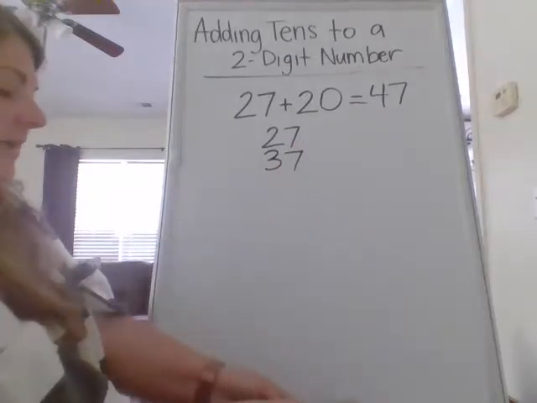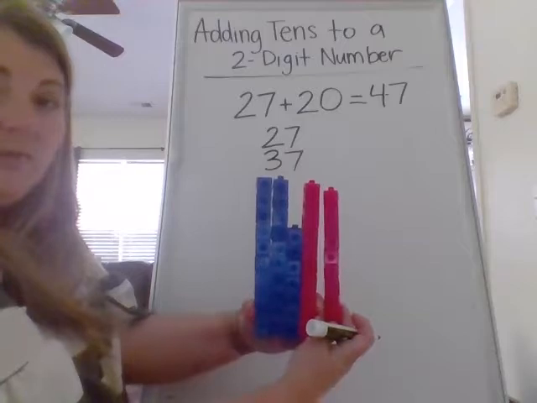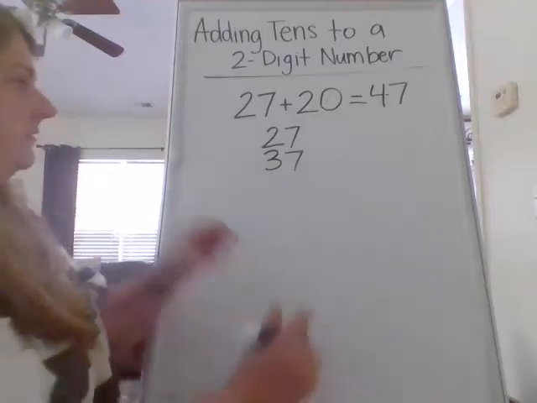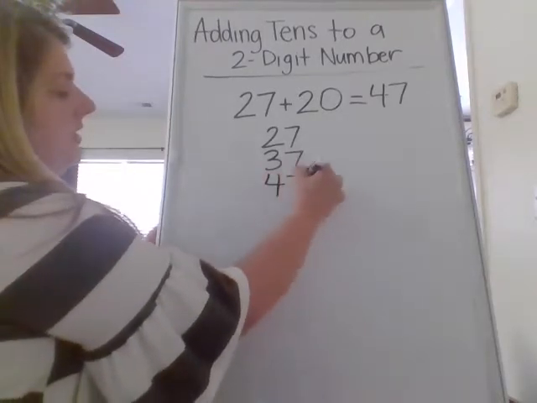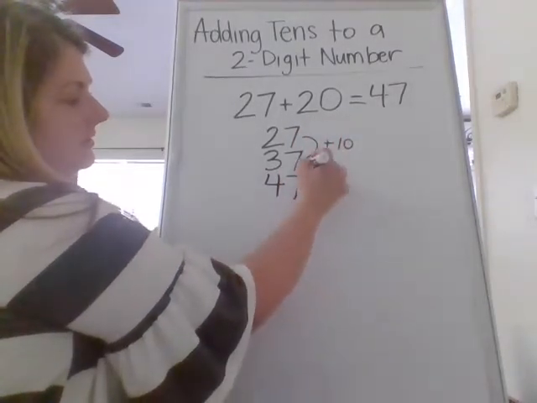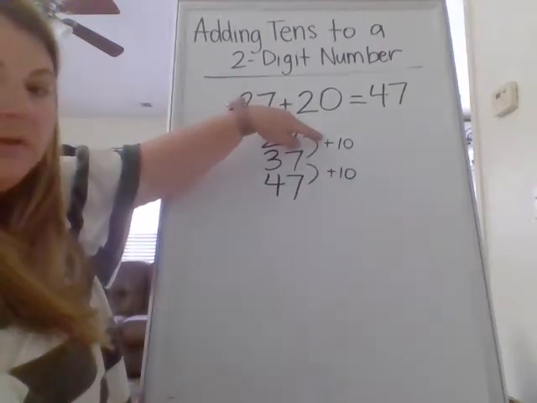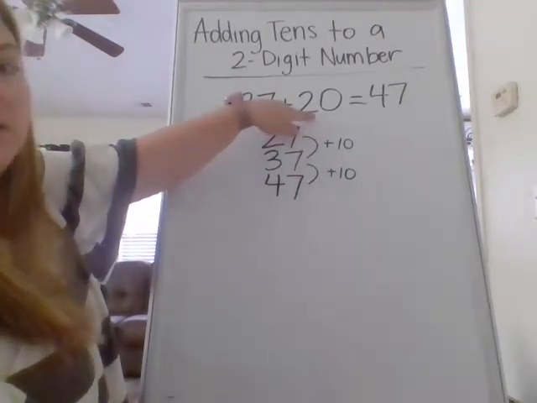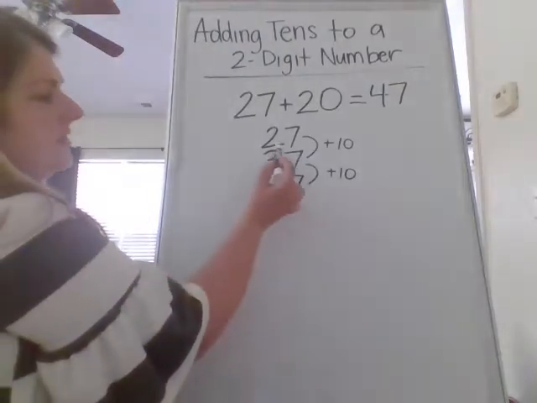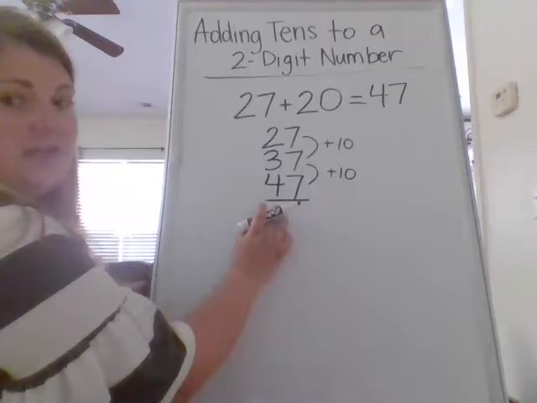So now we've got 37, and we added 10, and we got 47. So each step down, we added a 10. So how many tens did we add? 1, 2, that's 20. Let's look at our numbers, 27, 37, 47. So 47 is our answer.